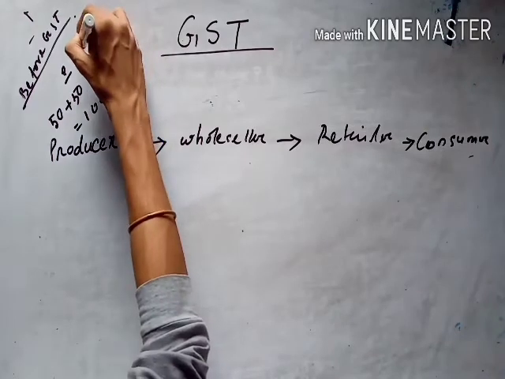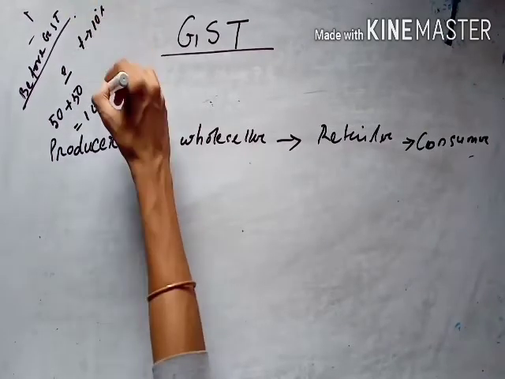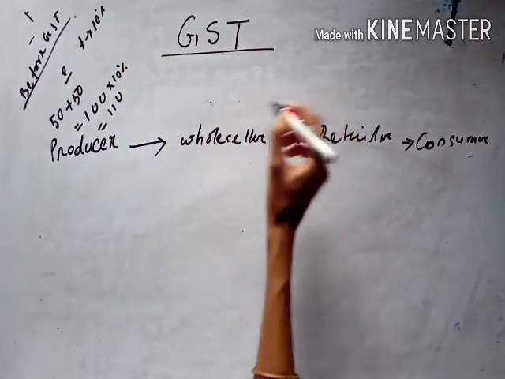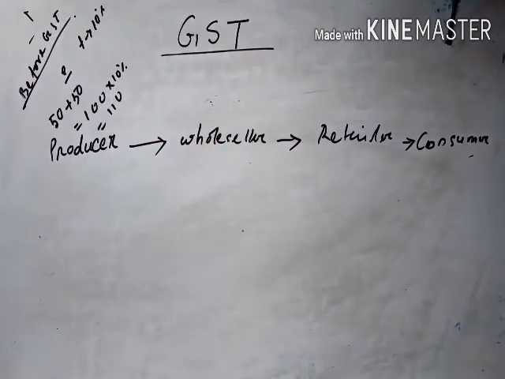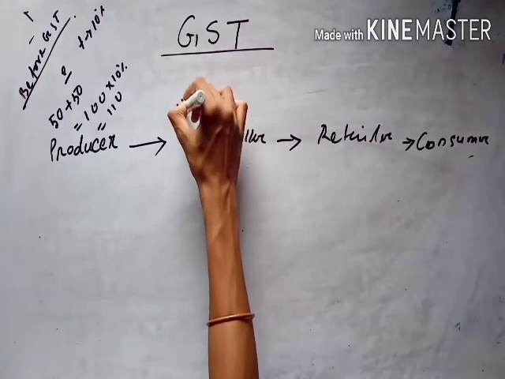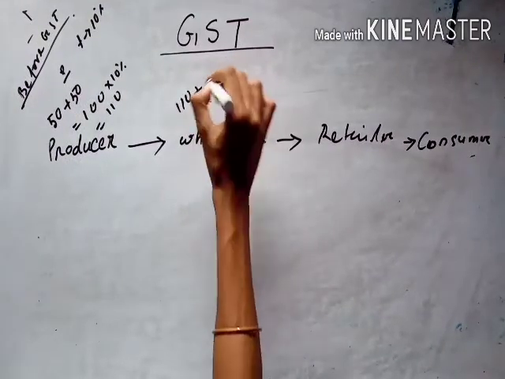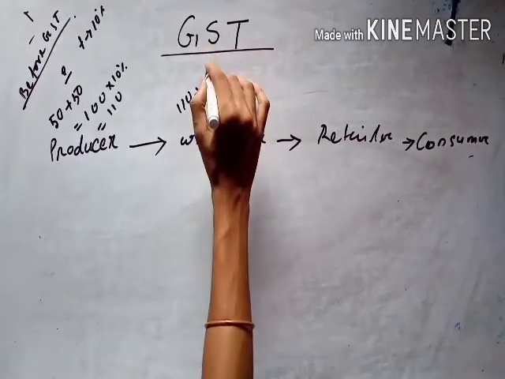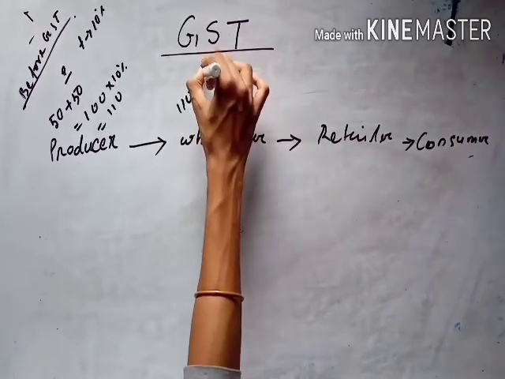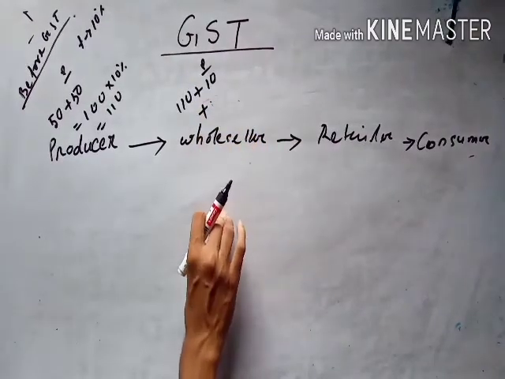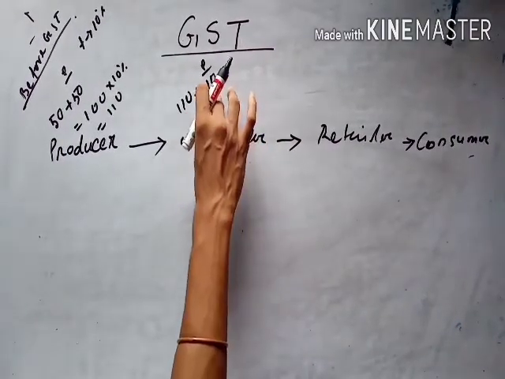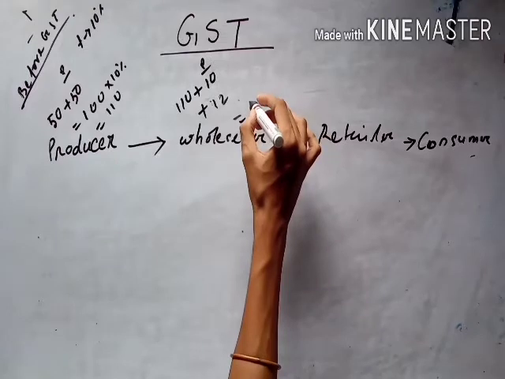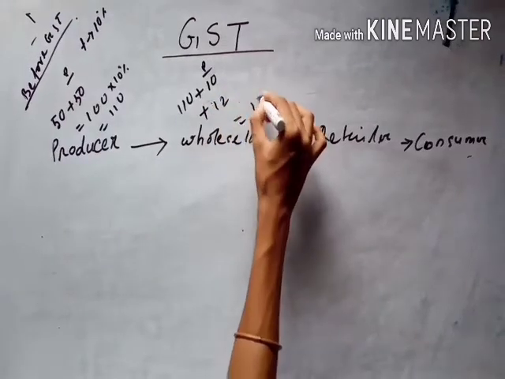Now the tax is 10%. So 100 plus 10% is 110. Now the wholesaler gets those goods from the producer for 110, and adds a profit of 10 rupees, and collects tax: 110 plus 10 is 120, plus 10%, which is 12 rupees, which is equal to 132.